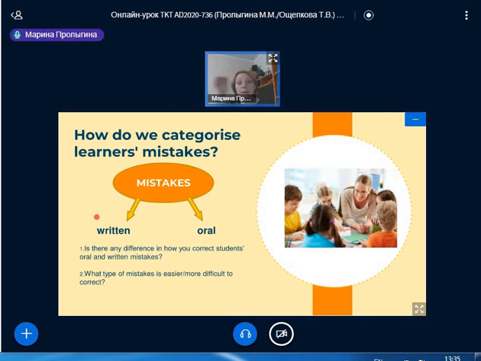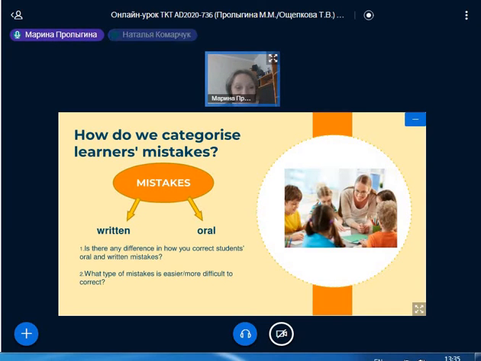Just underline the place where you think there is a mistake, and can you give them a sort of clue? Any ideas? Can you hear me? Yes.